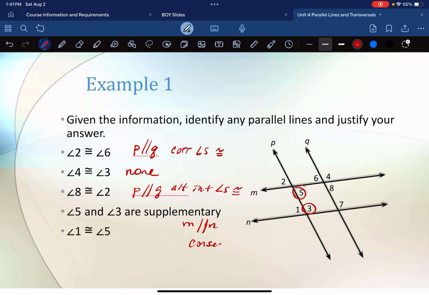Consecutive interiors are supplementary. That's our reason. So M is parallel to N. It's a good one.